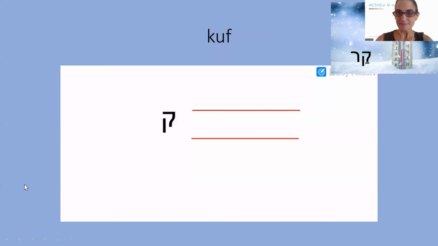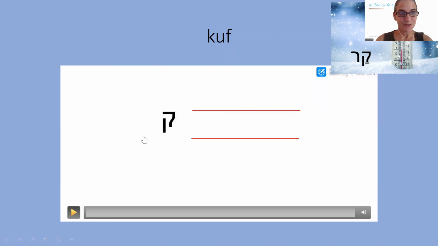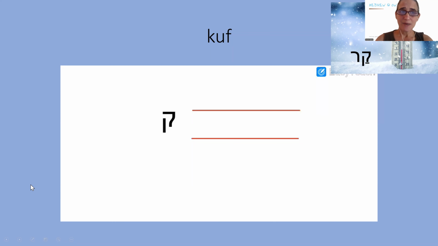And then our final letter, the last one that you are going to learn, is the kuf. This is how it's in print. Script is somewhat similar. Once again, we make a resh and then a long vertical line that goes down, even under the line.